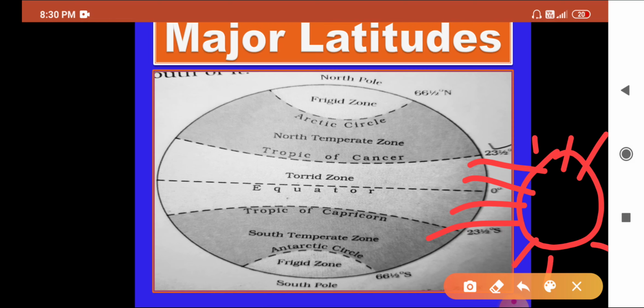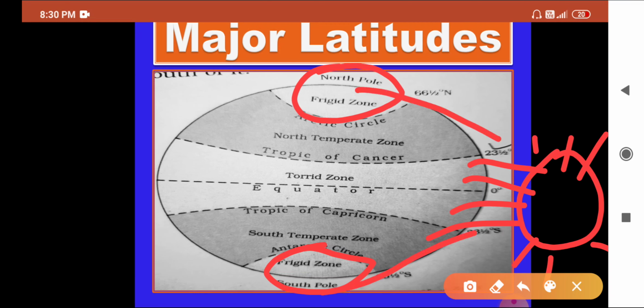Whereas these two zones, especially this frigid zone, remain very cold or in ice cap form, because sun rays are not coming in these areas, or coming very less. The reason is the earth is tilted on its axis.